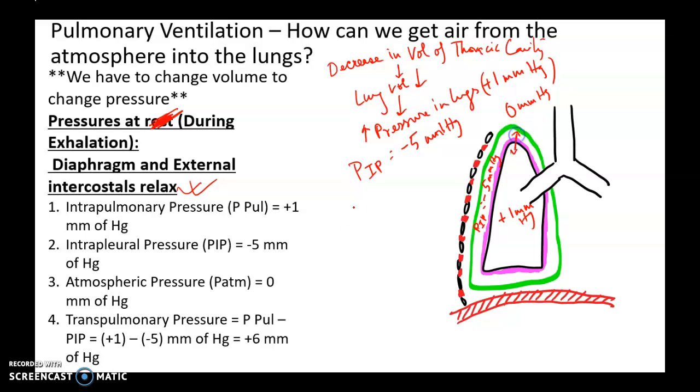This difference. Transpulmonary pressure, Ppul minus PIP. So that is +1 minus -5. This is 6 millimeter of mercury. So as we have more intrapulmonary pressure as compared to the outer atmospheric pressure, obviously we will have air going out of the body. Hope this is clear.